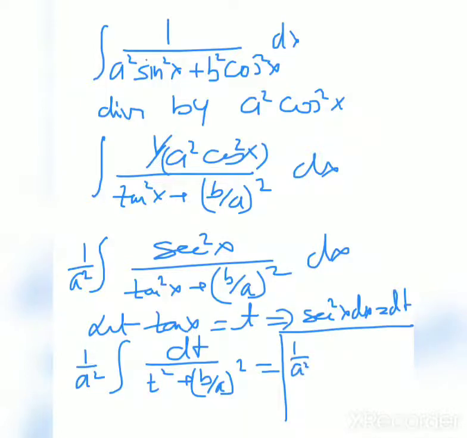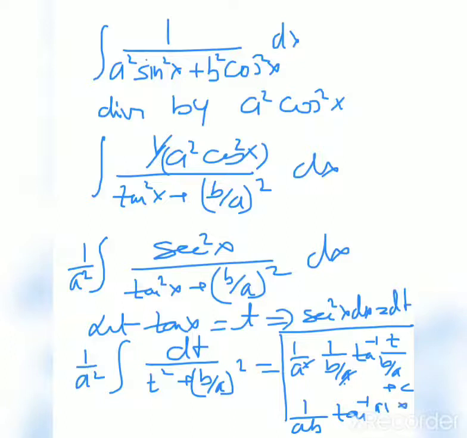Now 1 upon x square plus a square will be 1 upon a, here a means b upon a, tan inverse x upon a. x is t, upon a is b upon a, plus c. So it will become 1 upon ab tan inverse, t is tan x.